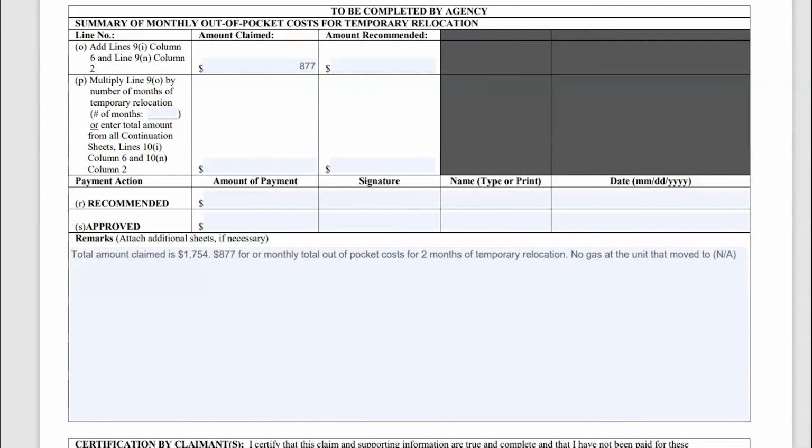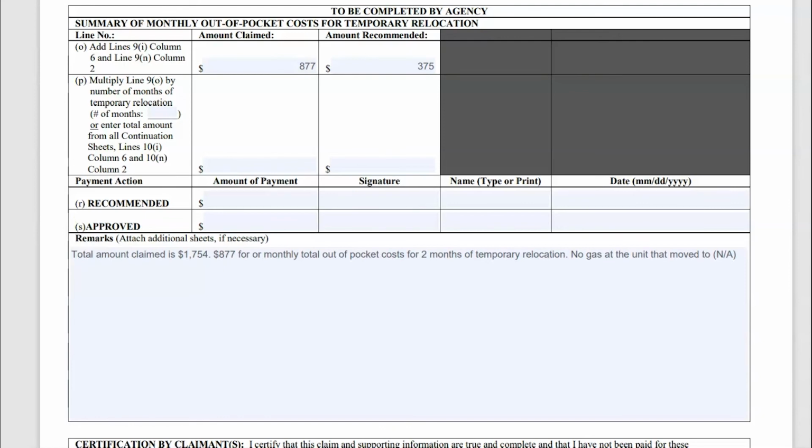For the amount recommended, add 9L, column 6, and 9N for column 2. For our example, the subrecipient recommended $175 for rent and monthly utility costs and $200 out-of-pocket expenses, with a total of $375.